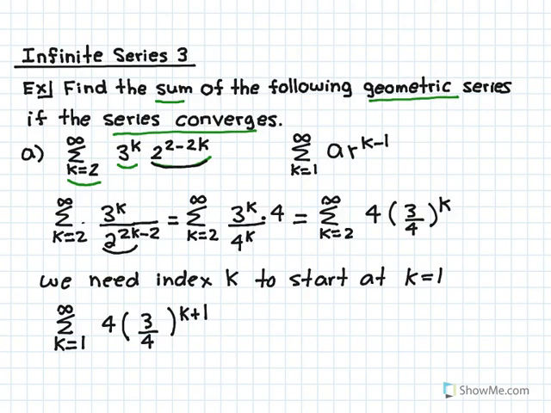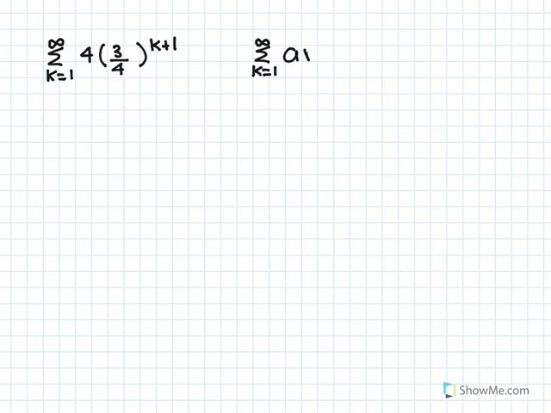We still don't have the pattern that we need, we just need to do a bit more algebra to achieve that. So we have the summation, k goes from 1 to infinity, 4 times 3/4 to the power of k plus 1. The pattern that we need for the infinite geometric series is the summation k goes from 1 to infinity, a times r to the k minus 1.